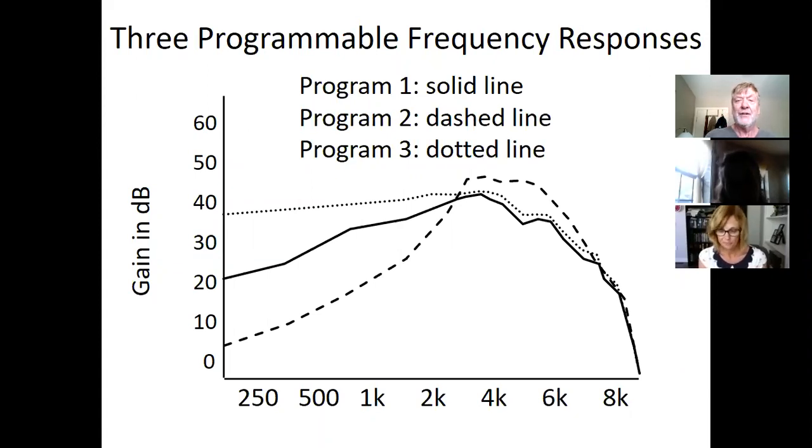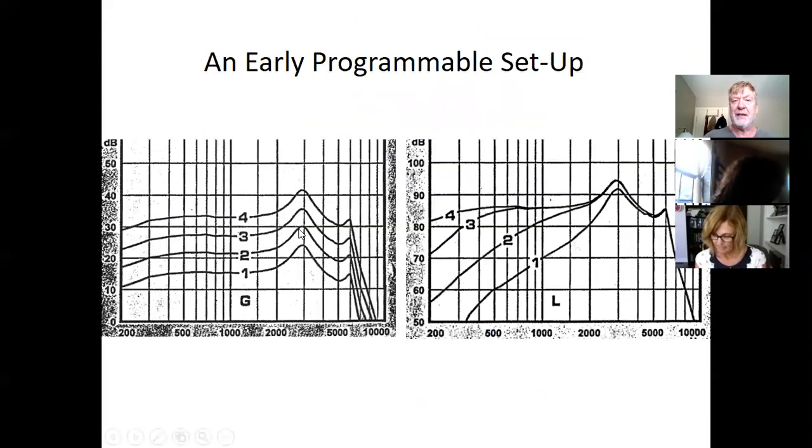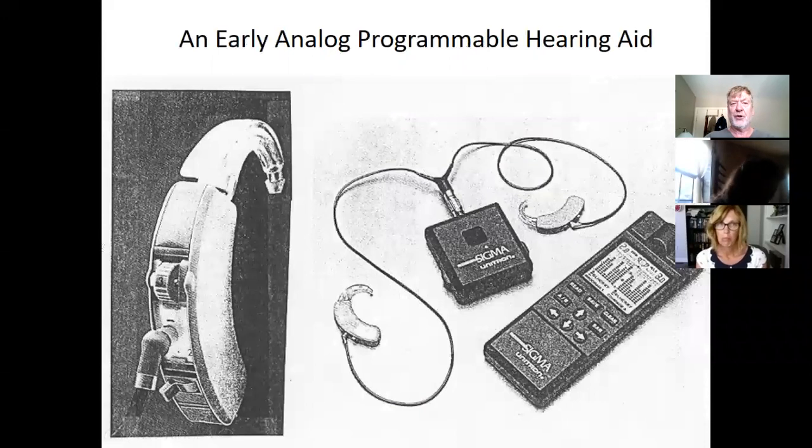Okay? Now, programmability had its beginnings. This is showing you an early analog programmable hearing aid. And here you're looking at a wire stuck in a hole in the hearing aid. This came from a little handheld programmer. Look at this on the right, a little handheld programmer.